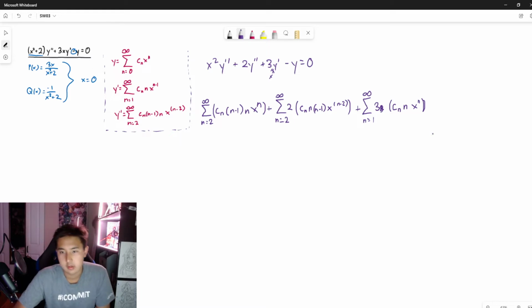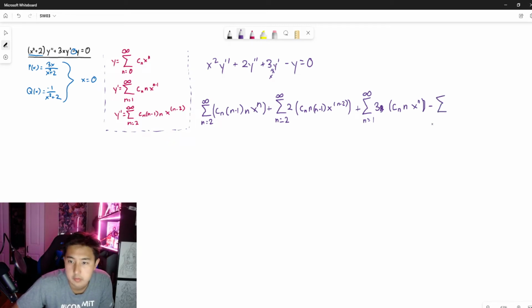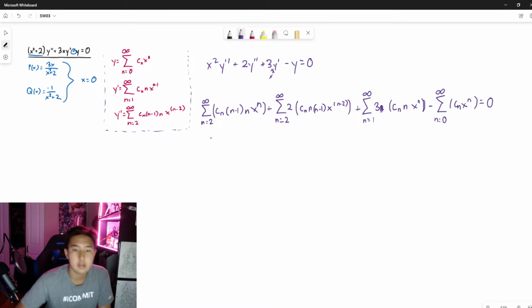Now we have y, which is minus the sum from 0 to infinity of c n x to the n, equals 0. Right, moving on.